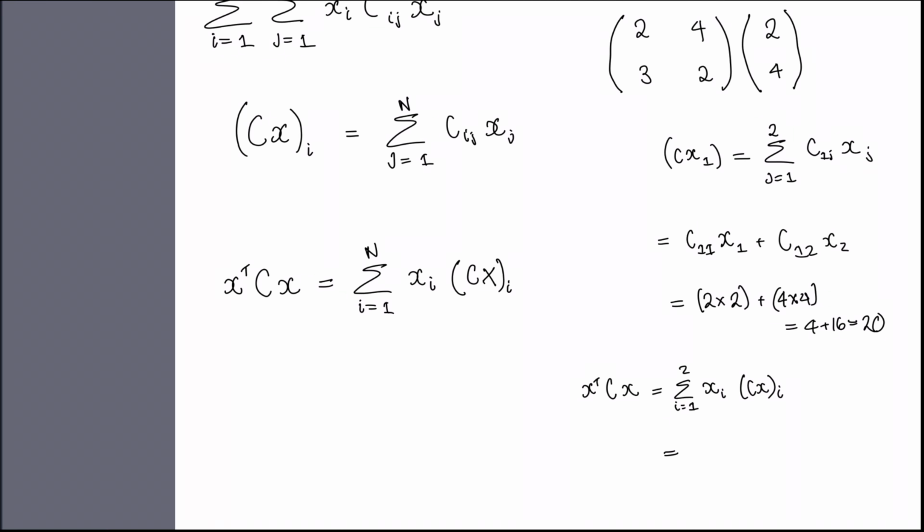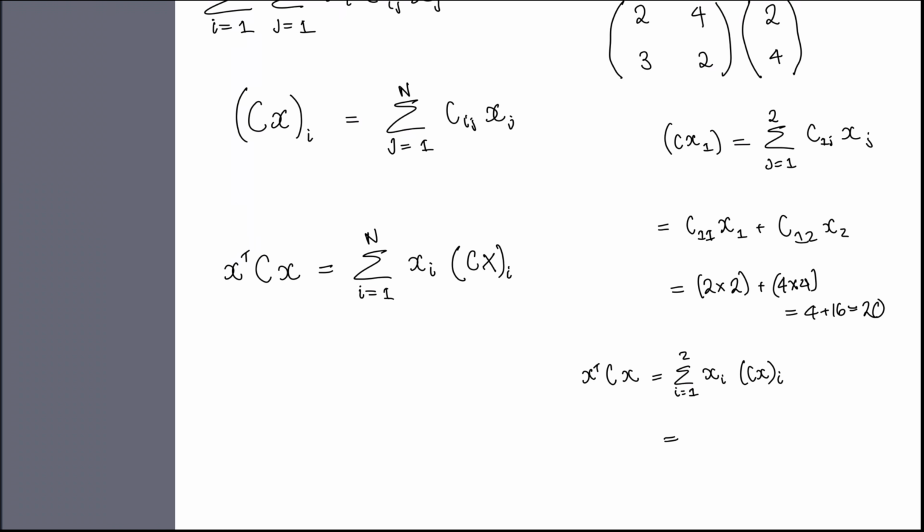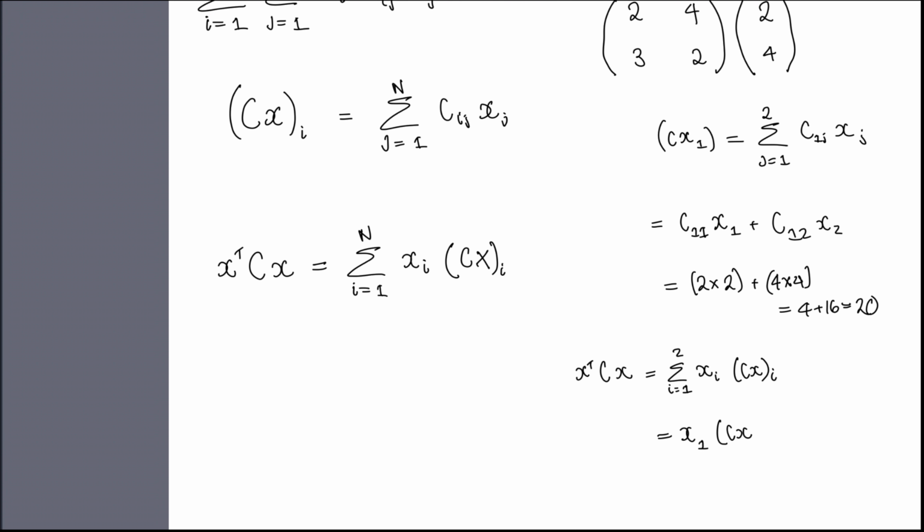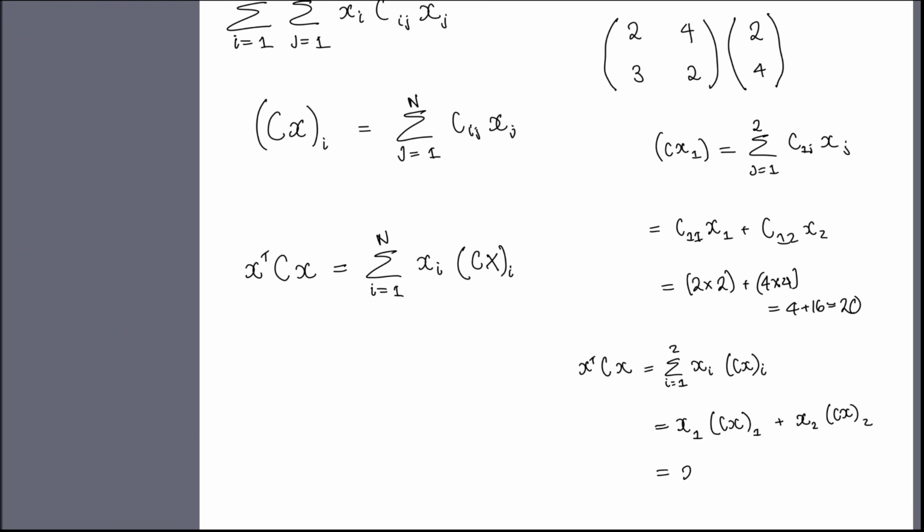So if we now use this on this matrix, we get x1 and then (Cx)1 plus x2 (Cx)2. So x1 is just 2 from over here, and that is going to be times by our answer from over here, which is 20.